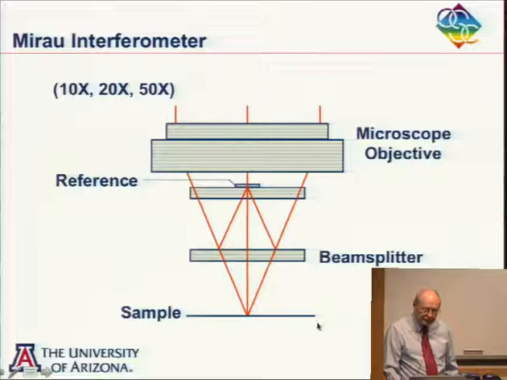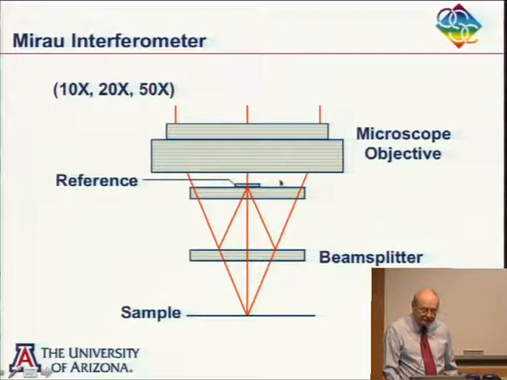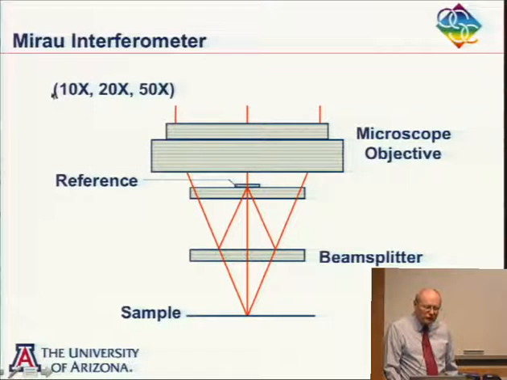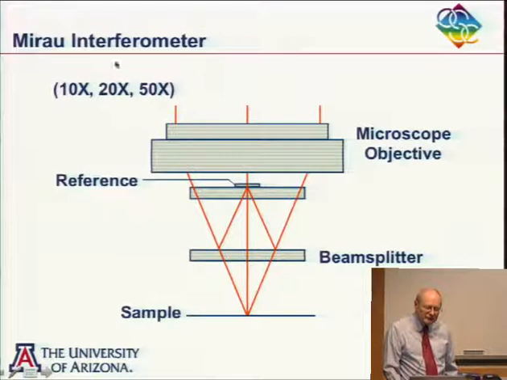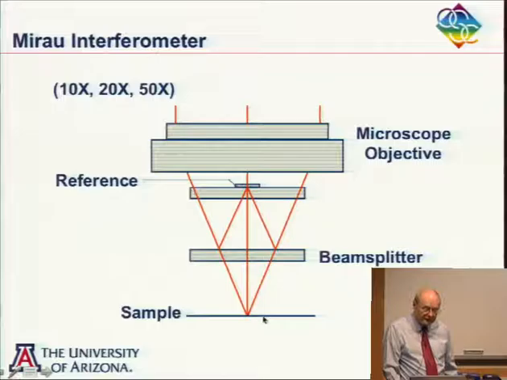Because if I try to use too large a field of view, that means that the reference is going to have to be larger, and that means that I'm going to have more central obscuration. And so that's really why this is used at the medium magnifications, is that if I try to get to too low a magnification, large field of view, then the central obscuration will become too large.